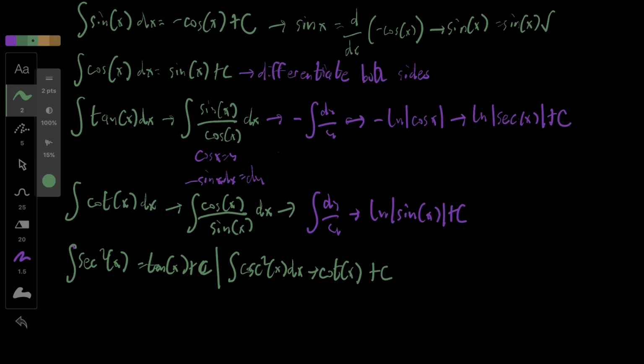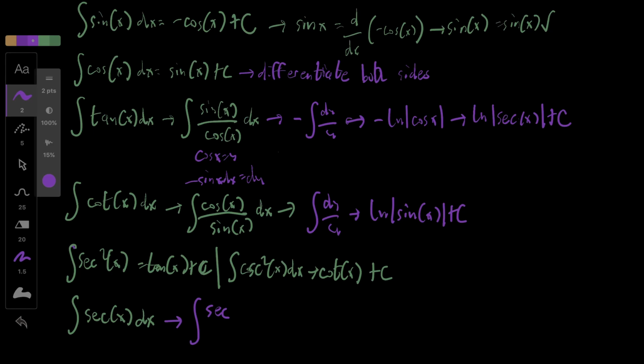The first integral we will look at is just the integral of secant of x dx. Now, we will employ one very, very useful trick, and that useful trick is to multiply and divide by secant of x plus tangent of x.